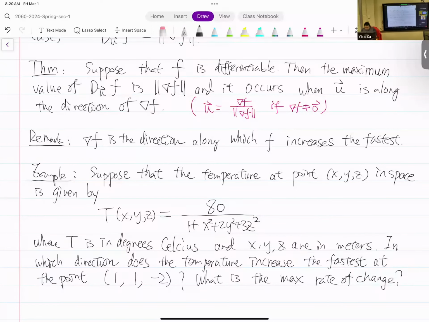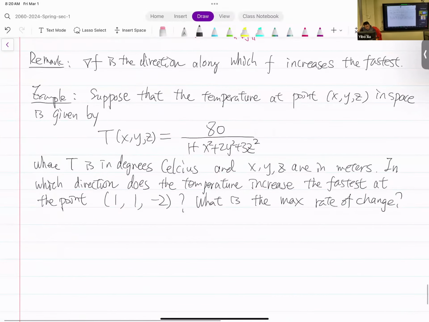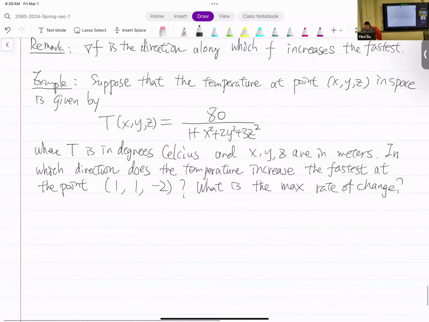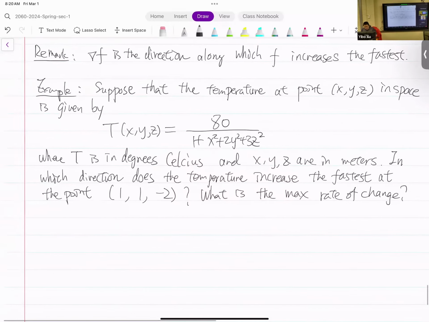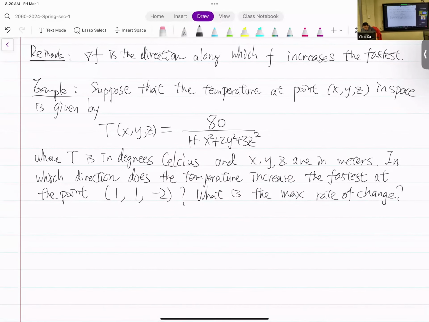So basically, this utilizes the previous theorem and the remark at the same time, right? We are given the point 1, 1, -2, and we just want to look for the gradient direction so that we go along that direction. That will be the direction along which our function increases the fastest.